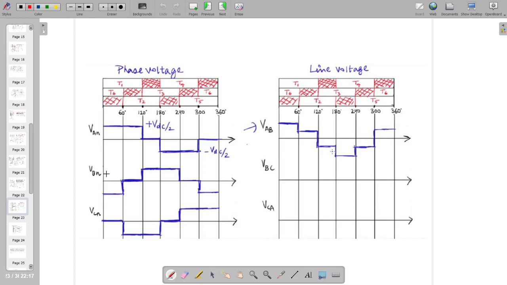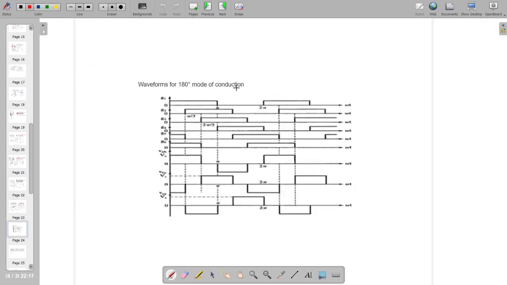In the waveforms you can clearly see 0 to 60, 60 to 120. For the first phase, we get the output for 120 degrees, then 60 degrees is off, and for the remaining 120 degrees we get the output. These are the VAN, VBN and VCN waveforms. These are the 180 degree mode waveforms.